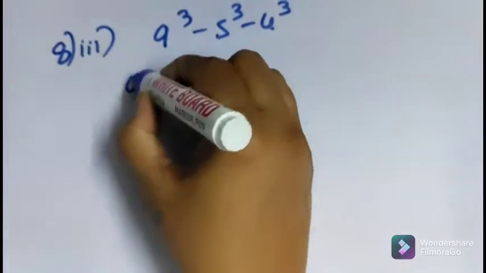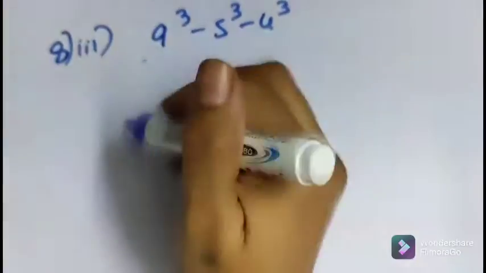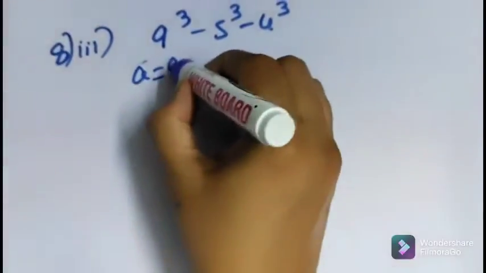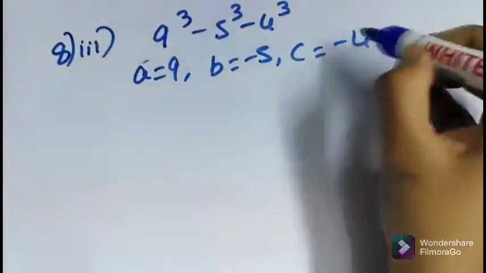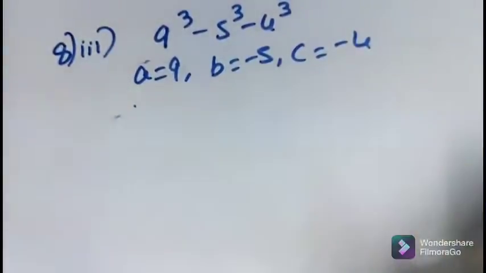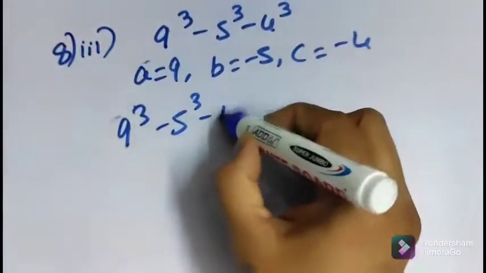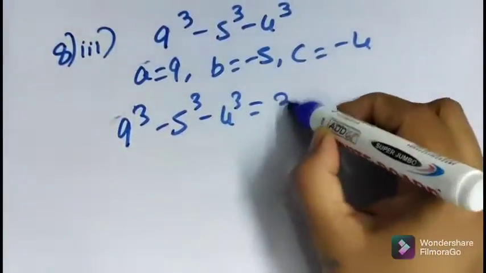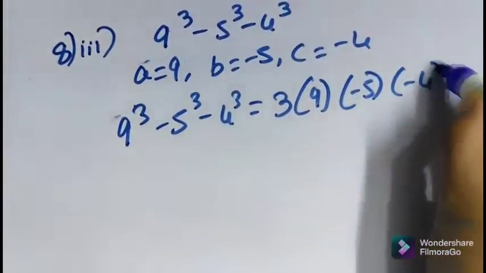Same we have to do here, a cube plus b cube plus c cube is equal to 3abc. Here a is nothing but 9, b is equal to minus 5, c is equal to minus 4. So let's apply this. We can write it as 9 cube minus 5 cube minus 4 cube is equal to 3 times 9 minus 5 into minus 4.